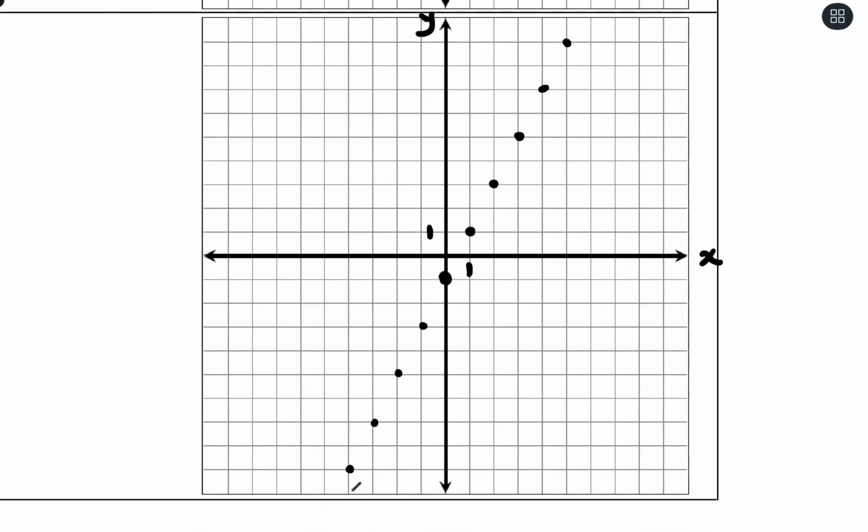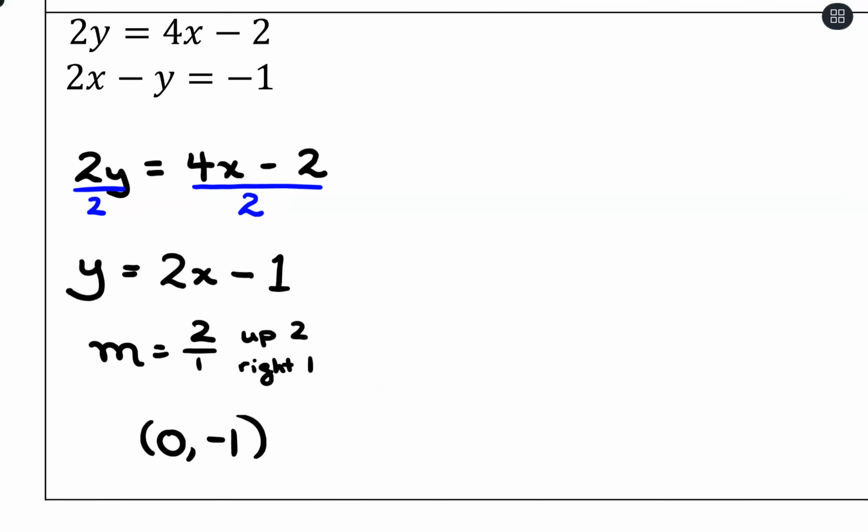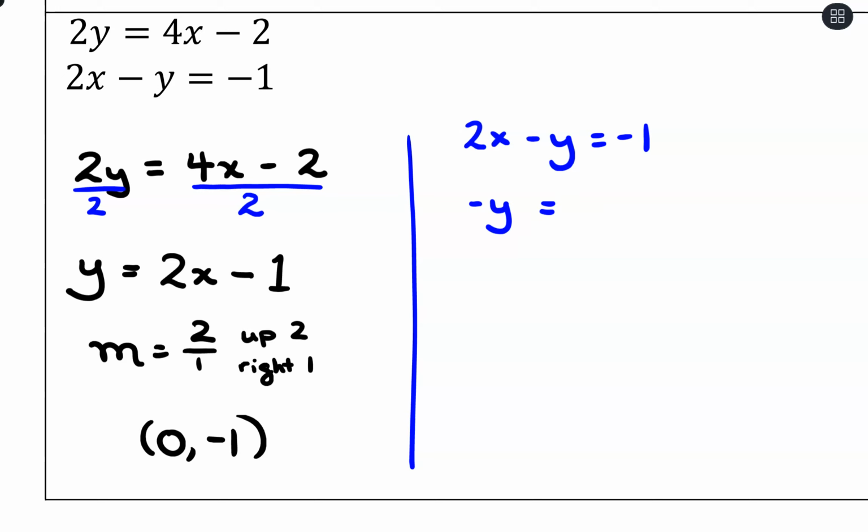And let's go ahead and connect those dots. All right. Then let's get our other line. So we're going to have 2x minus y equals -1. Let's go ahead and subtract 2x from both sides.